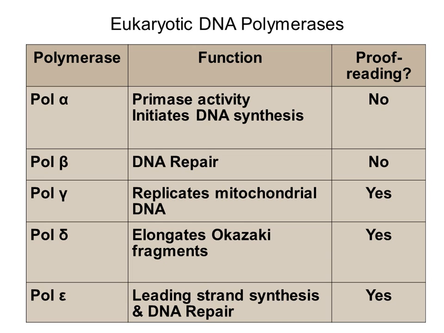Important. Okay. Mitochondria have their own DNA, and they have a polymerase that catalyzes that reaction. Okay. And here's Pol beta, which is a DNA repair enzyme, and importantly, no proofreading in these first two.